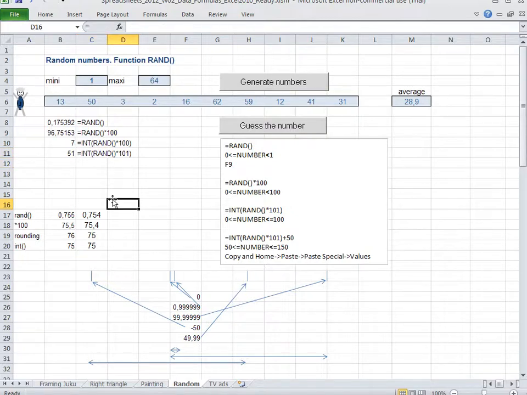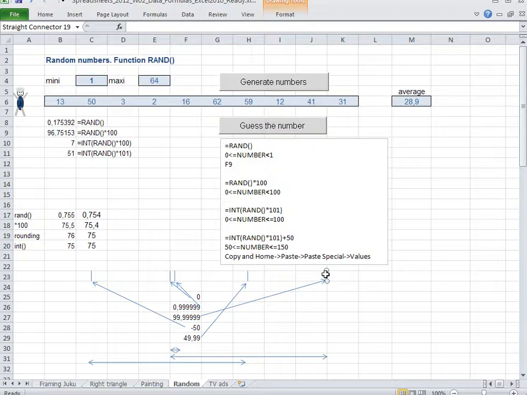This first random was between 0 and 0.999. Now we're going to multiply it with 101. 0 multiplied with 101 will still be 0, and 0.9999, when we multiply it with 101, is going to be actually 100.9999.